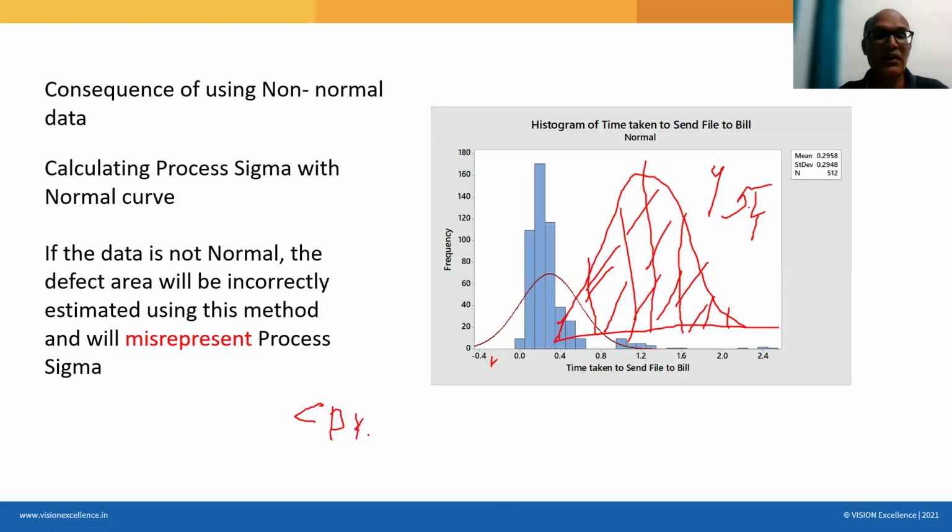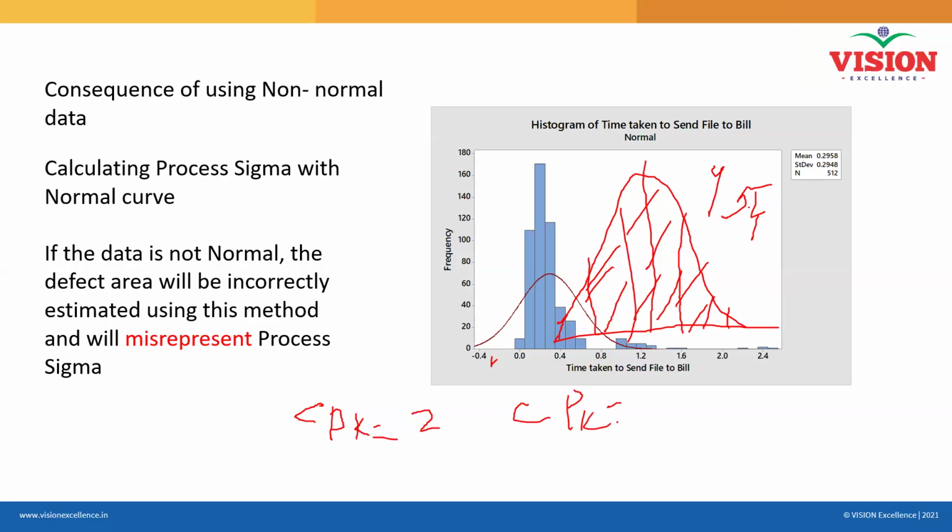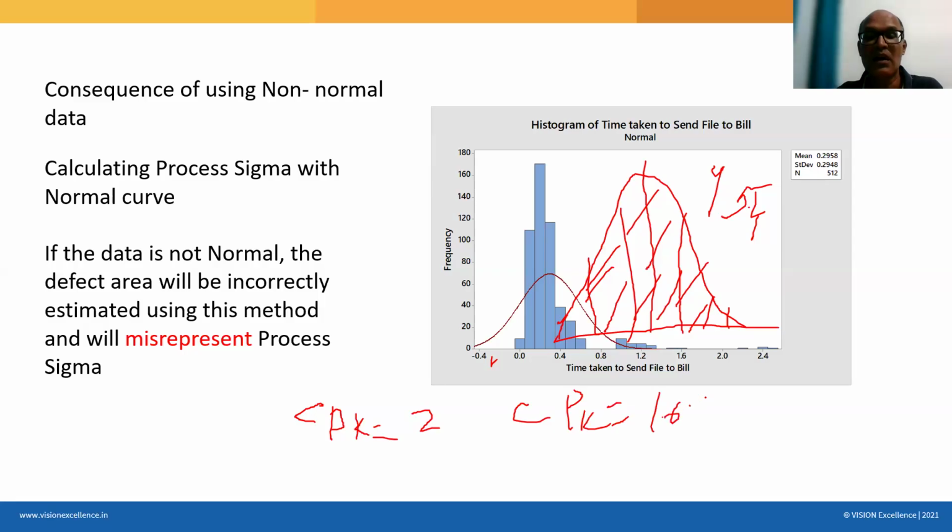How much is your process in control? Or CPK is 1.67, what is your control? How will you know? 99.73 is when your CPK is 1.